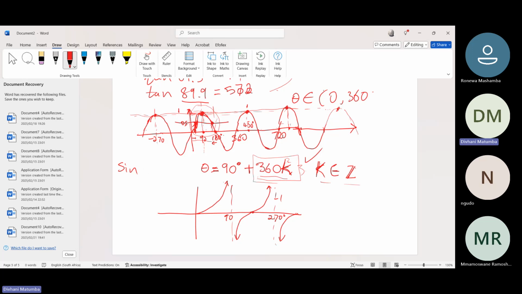So this will be 360. If you add this portion in that one, you will have a complete cycle. But that's the story for another day. You can also extend them if you want. So this will be minus 90 degrees. So if it's minus 90, we will also have minus 180.